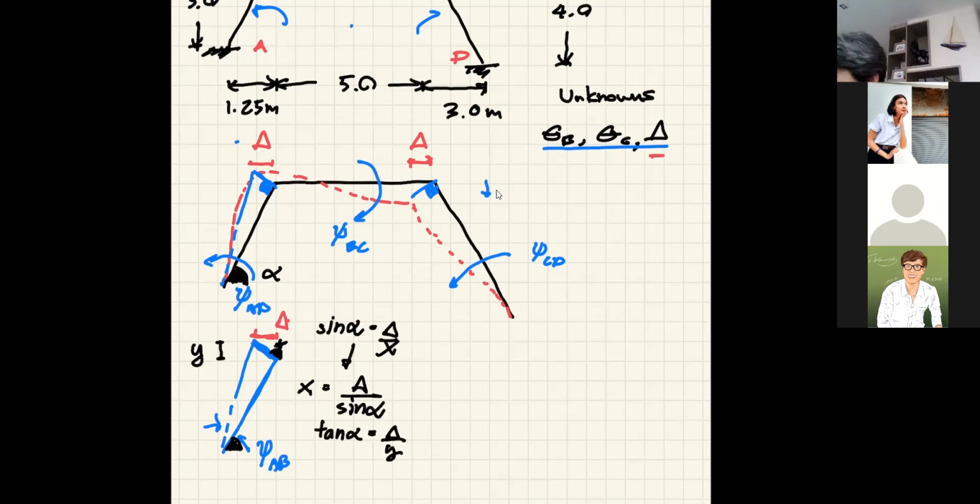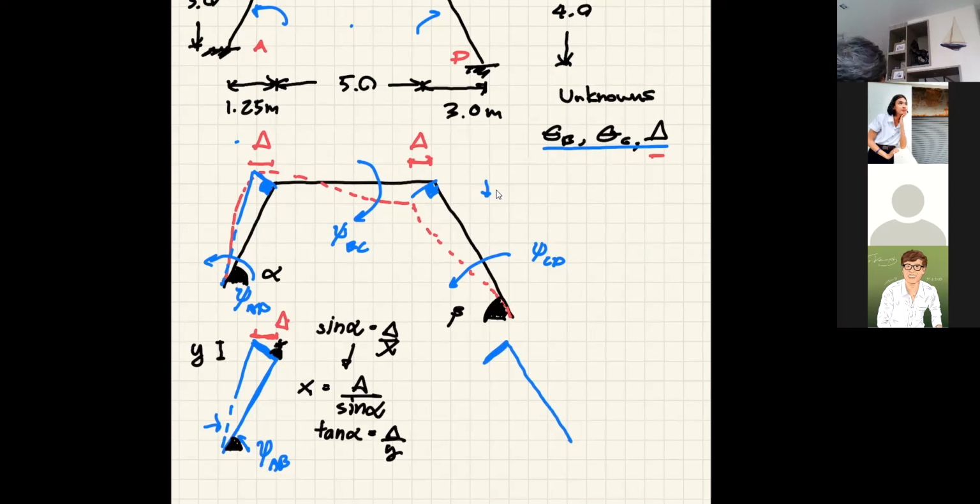And you can do the same with this one. So let's call this one beta. And you are going to need this triangle with that.